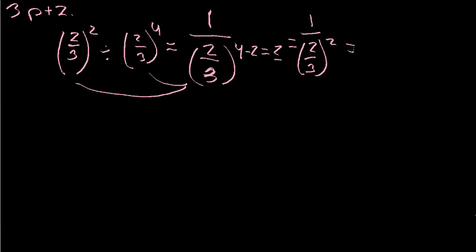Now, to divide fractions, if you don't really know how to do that, I have a link to my other video where I show how to divide fractions in the comments below, so you can check that out if you don't know how to divide fractions. So to divide fractions, basically, when we have this, we're dividing the numerator by the denominator.